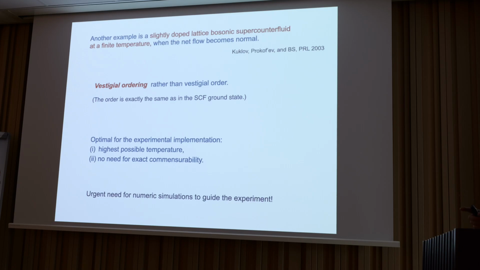But what is important is vestigial ordering rather than vestigial order, because the order is precisely the same as in the ground state when we have Mott physics. So experimentally, it can be a very optimal scenario, because with this scenario we can get the highest possible temperature and there is no need for the exact commensurability.